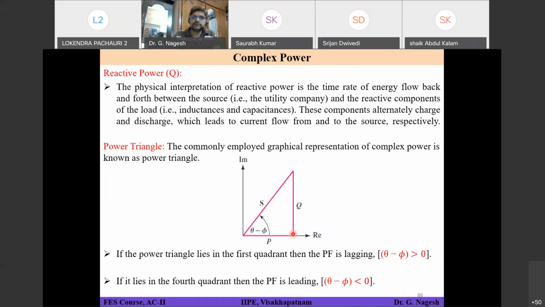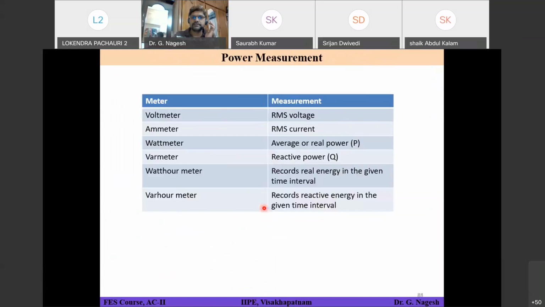Similar to the impedance triangle, you have this power triangle with P and Q on the real and imaginary axes, and you have the complex power S. These we have already discussed. So we will try to see one problem on this.